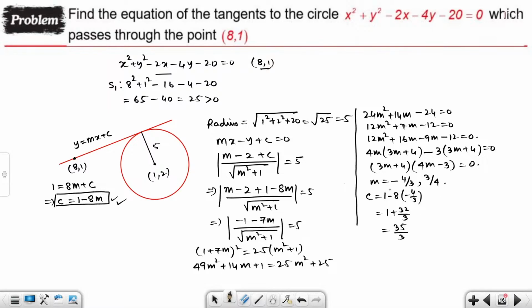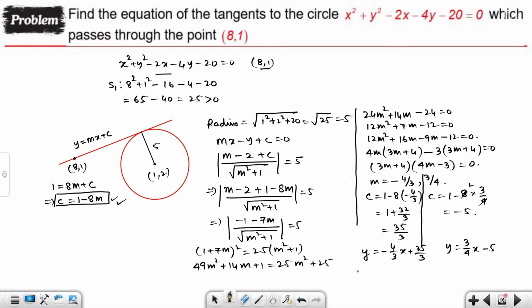And when m is 3 by 4, then the value of c will be 1 minus, so it's coming like minus 5. Is it clear? Therefore, the equation of the tangents will be y equals to mx plus c, and the other one will be y equals to mx plus c. Is it clear?